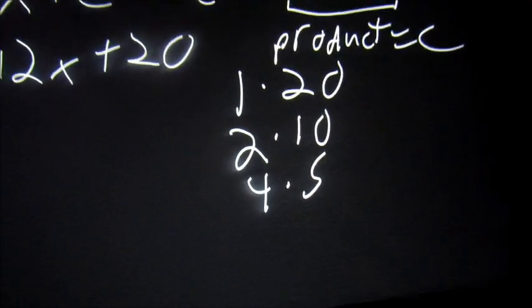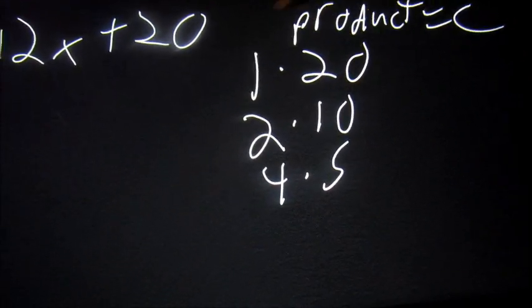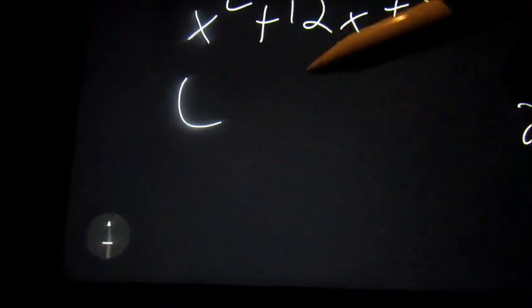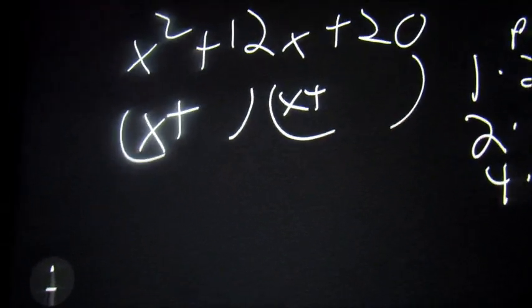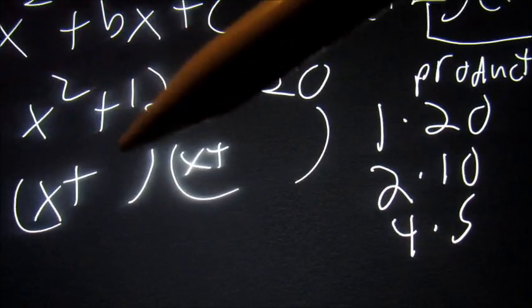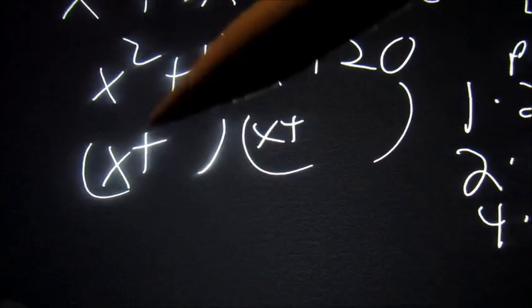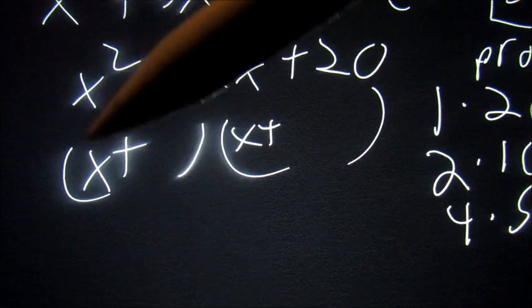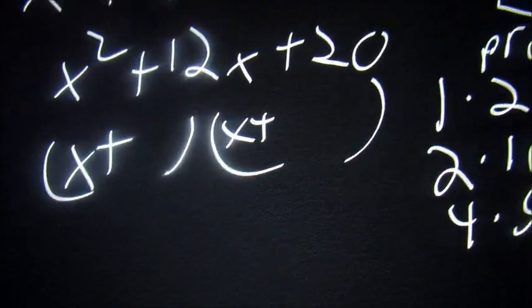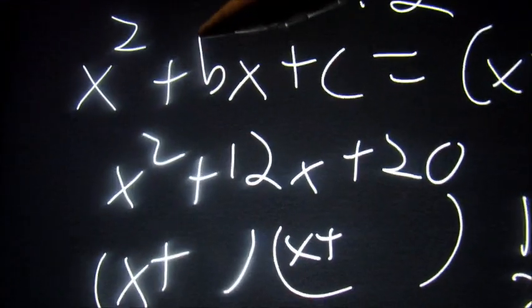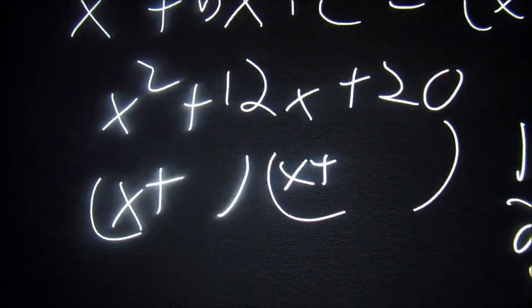So now, these are the three choices that we have. We're going to have x plus and x plus, and it's either going to be x plus 1 and x plus 20, or x plus 2 and x plus 10, or x plus 4 and x plus 5. But remember, they have to add up. The sum is equal to b, and here b is 12.